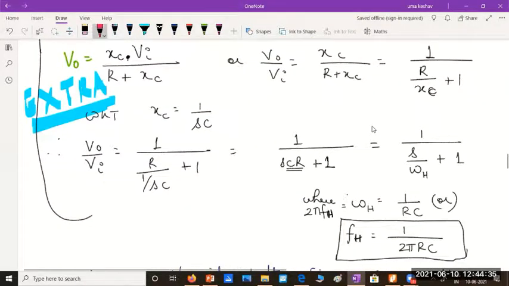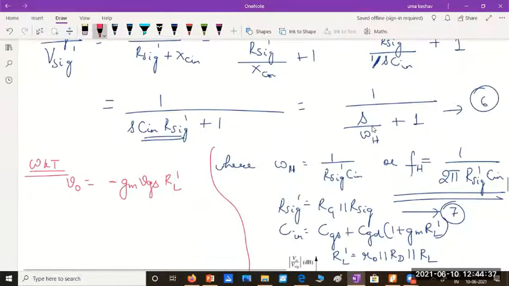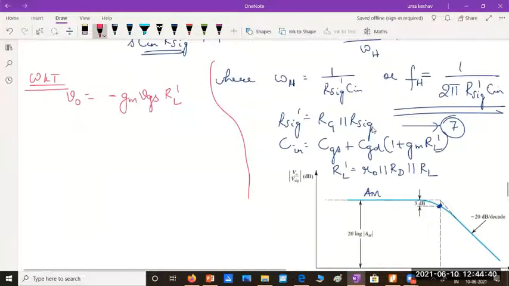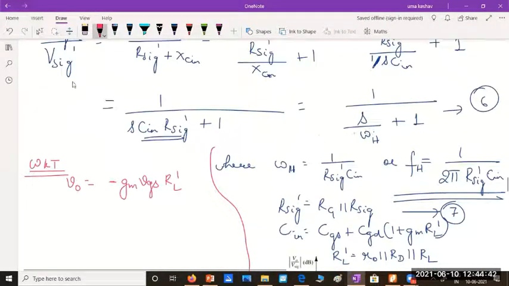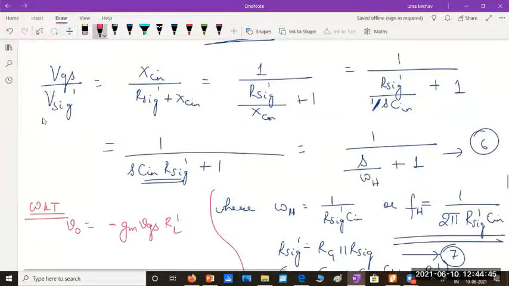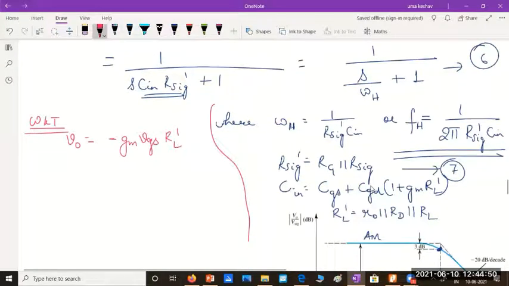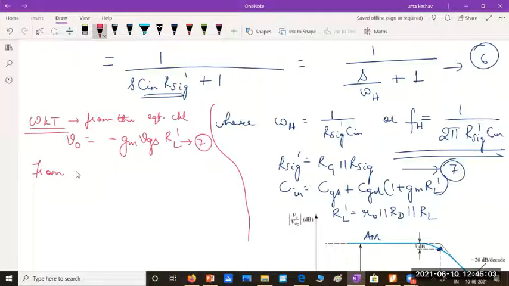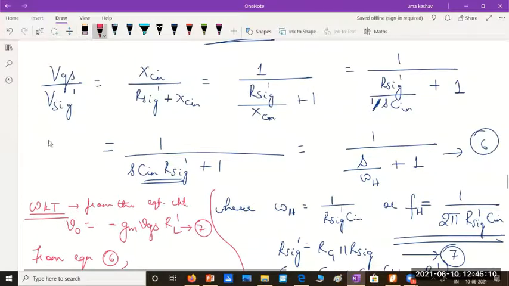Now, let's replace, or we can write the expression for VGS. What would VGS be from equation 6? From the circuit, the equivalent circuit, we get this. Let's call it equation 7. From equation 6, VGS can be written as, here I've taken VGS by V sig dash.